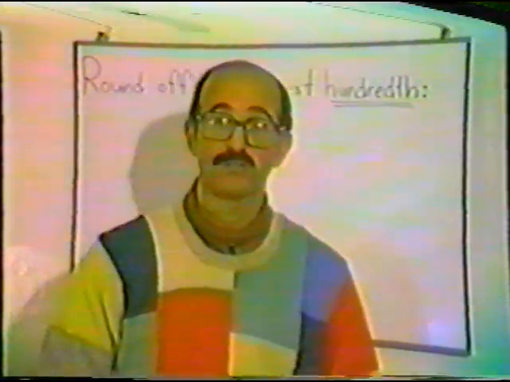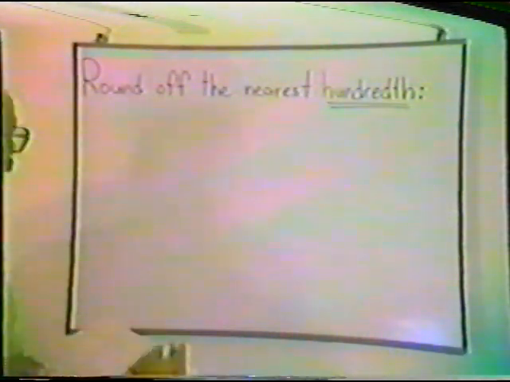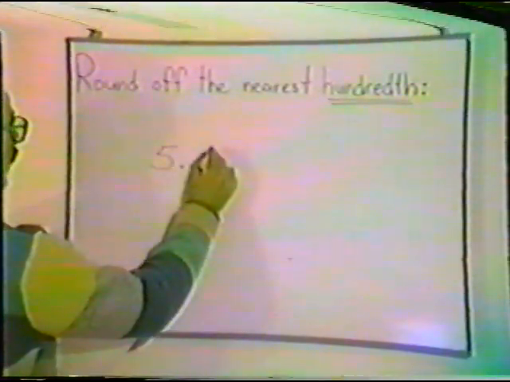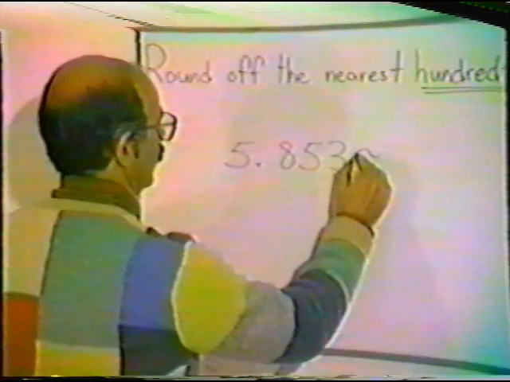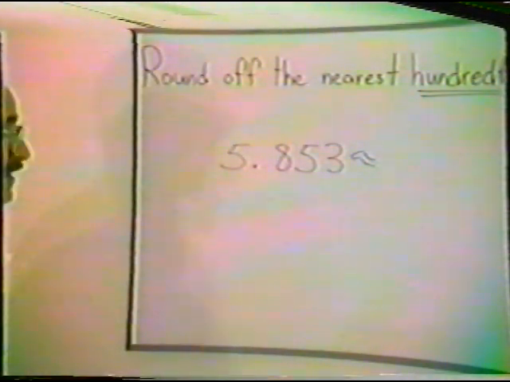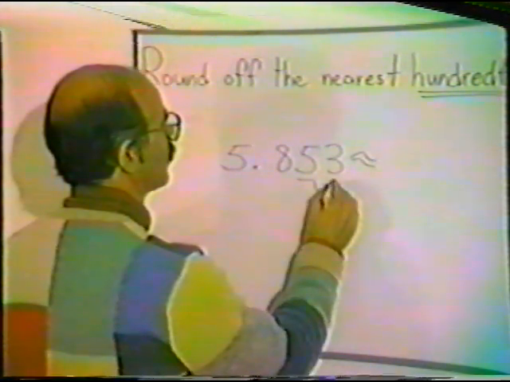Now we're going to round off decimals to the nearest hundredth. 5.853. Which number is in the hundredth place? 5. We point to the 3.